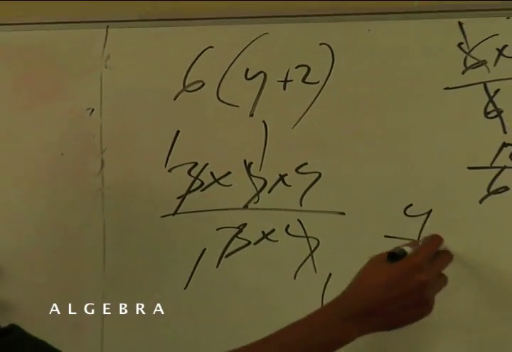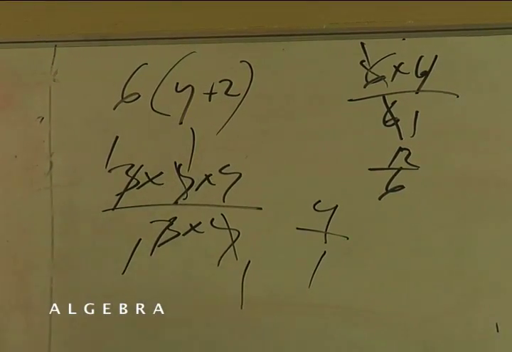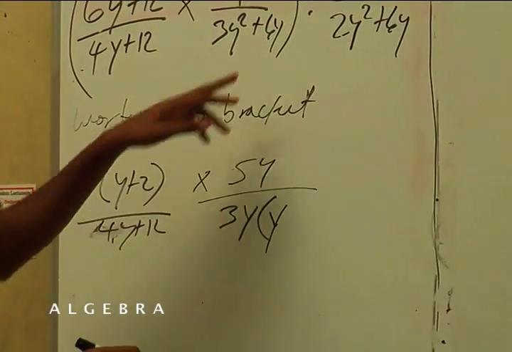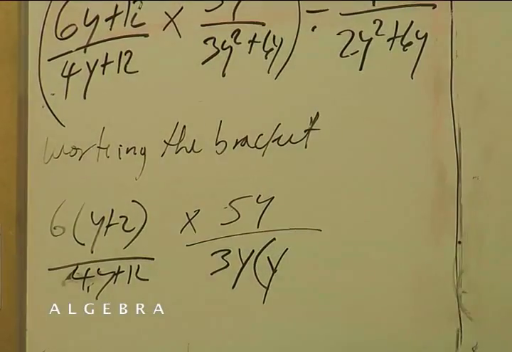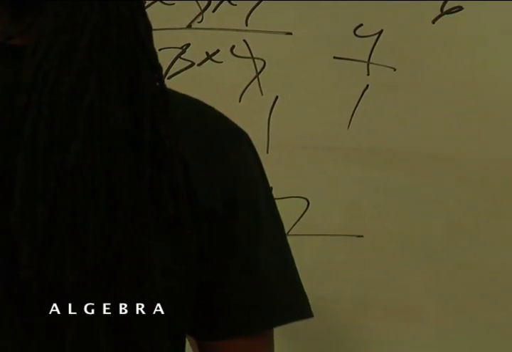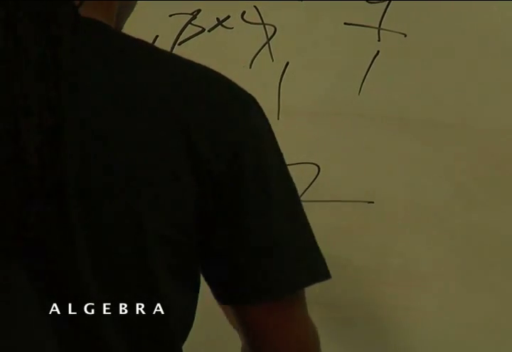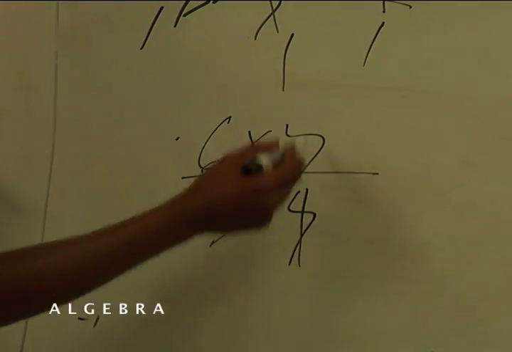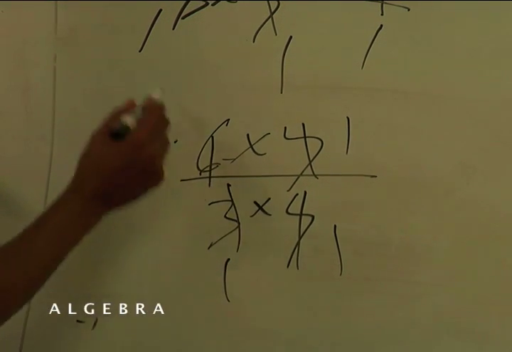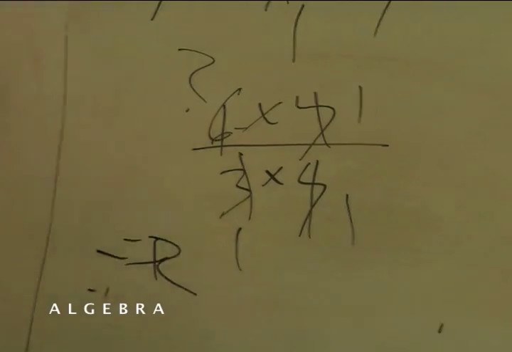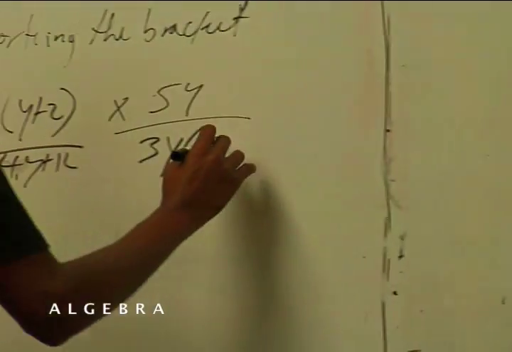So that equals y over 1. So that is y. 6 times y over 3 times y, 1, 1, 1, 2, equals positive 2. So y plus 2, not true?